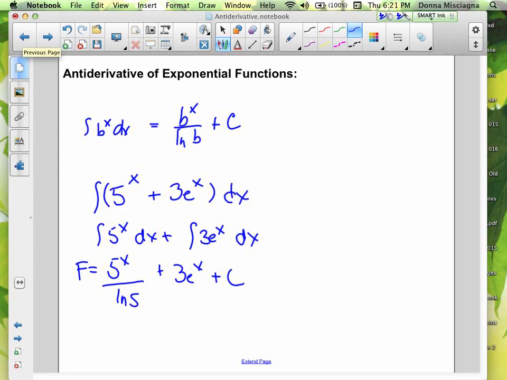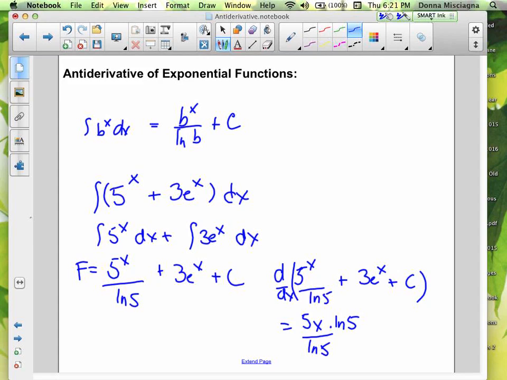And if we were to take the derivative of 5 to the x over natural log of 5 plus 3e to the x plus c, the derivative of 5 to the x is 5 to the x natural log of 5.